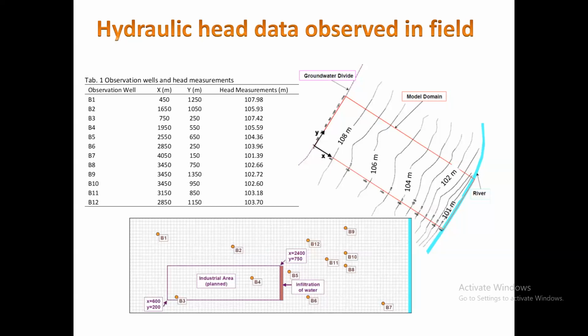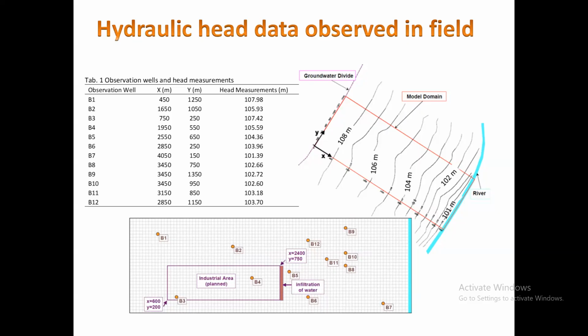What we will be doing next class is that we will calibrate this model to make sure that the difference between the simulated head and the heads that you observe at each of the 12 points here, I want the head observed and the head simulated to differ by less than 0.3 meter. So this is a calibration criterion.